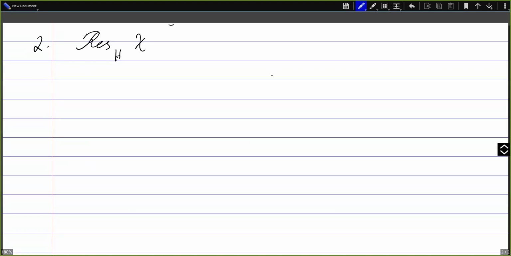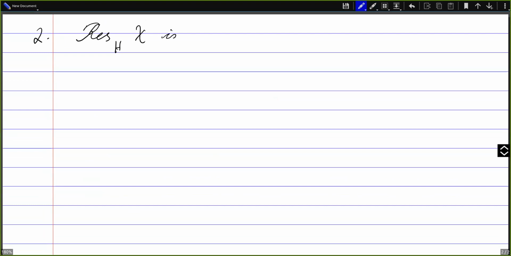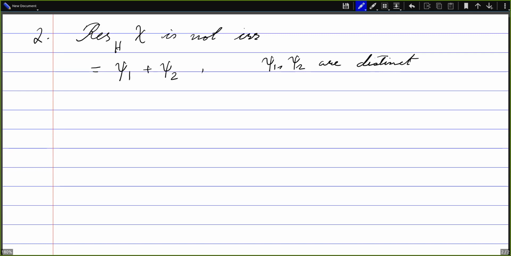This is when res chi is not irreducible, so hence it has to be the sum of two distinct characters of H, where psi 1 and psi 2 are distinct irreducible characters of H. Okay, so this is the situation we will deal with right now.